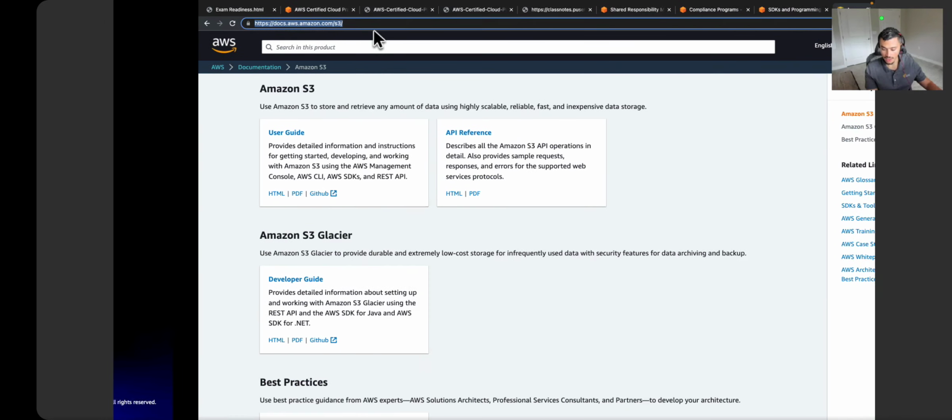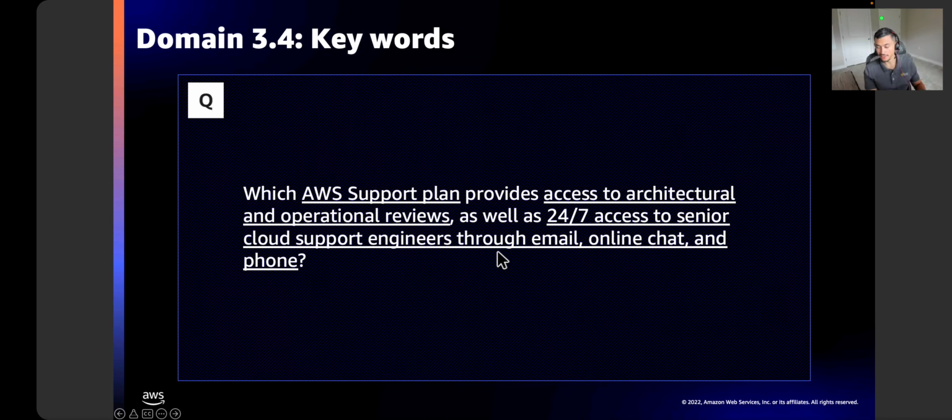And by the way, I'll show you where to get those in a second. Let's just get through this question first. So it's asking which support plan gives you 24/7 access to senior cloud support engineers through email, online chat, and phone, and also access to architectural and operational reviews, right? So these are things that you sort of need to memorize for the exam, and I'll show you where you can find them.